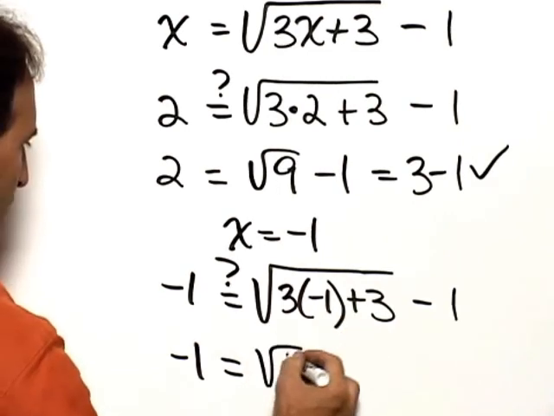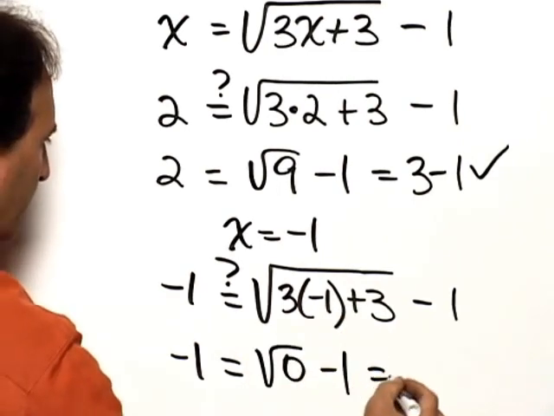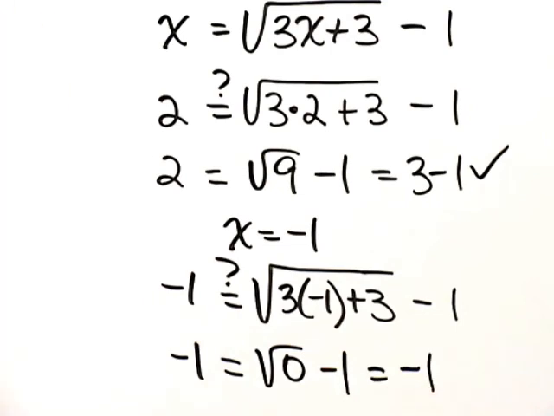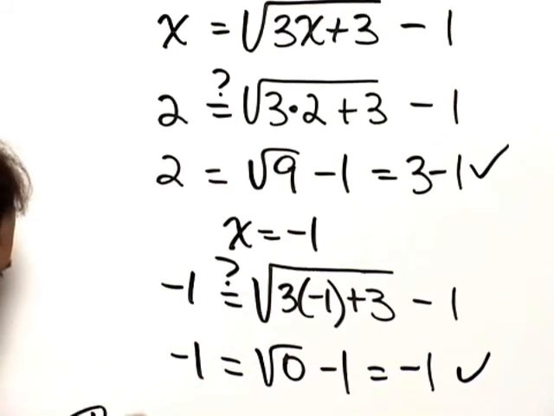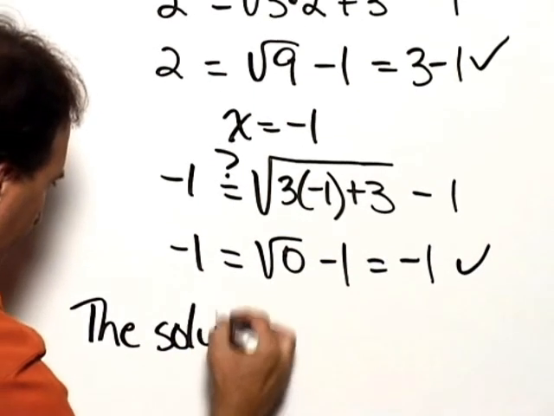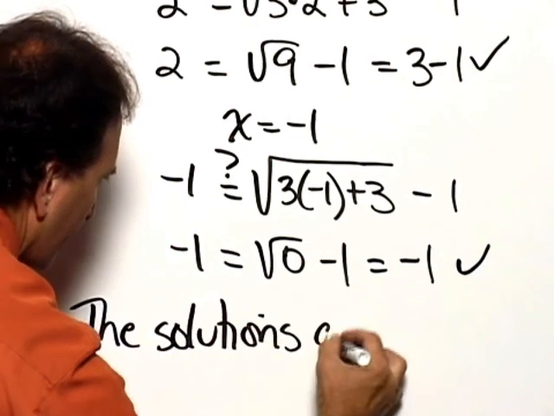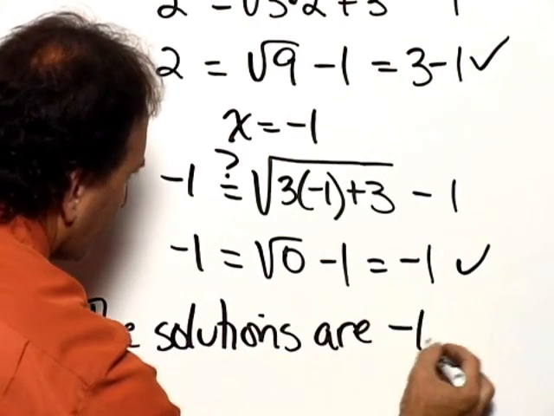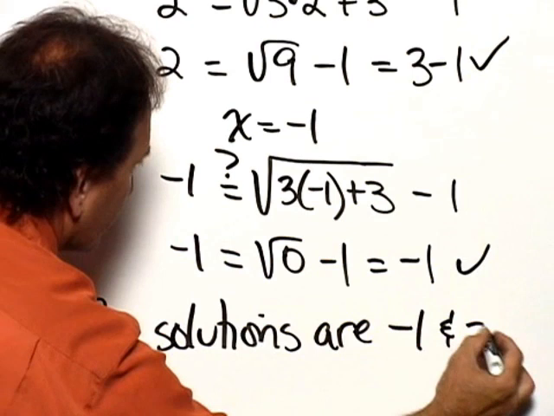So this is the square root of 0 minus 1, which of course is equal to negative 1. And so it also checks, both numbers work. So the solutions are negative 1 and 2.